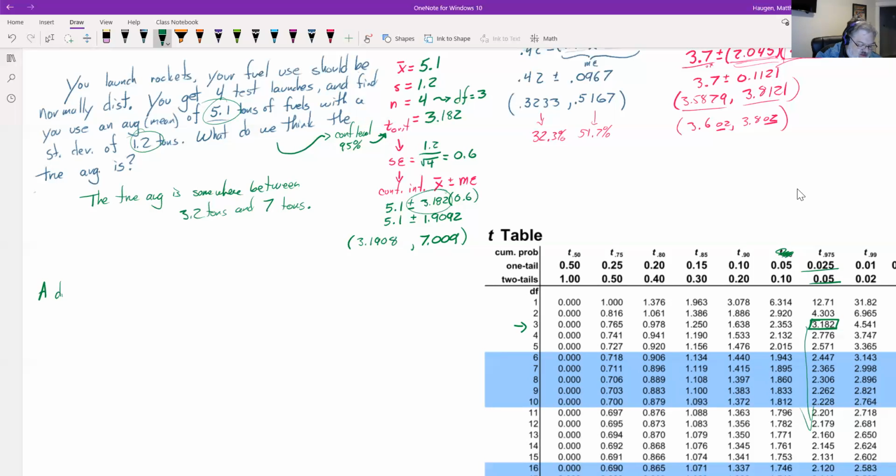A different rocket design is meant to save fuel.